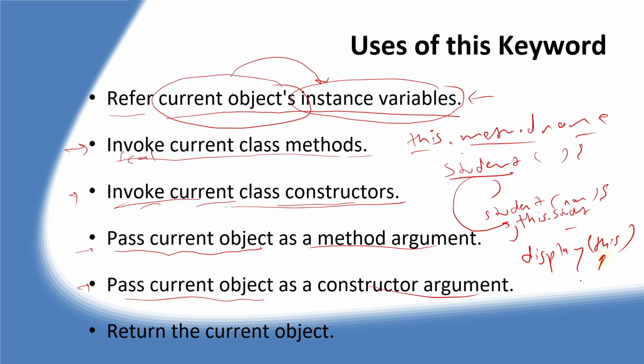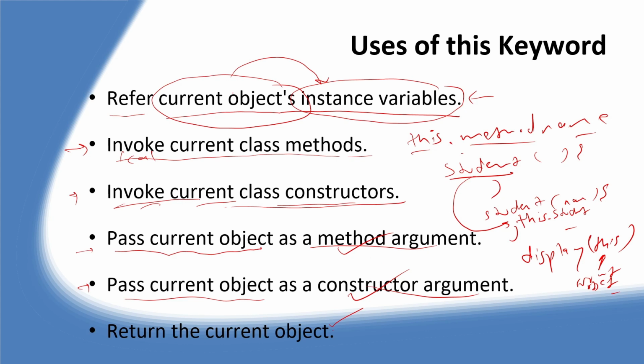So this will refer to the current object. And likewise as we did in the method argument, we can do it in the constructor argument also. So overall, this refers to the current object. Even if you are not getting it, don't worry. We will see examples and have better clarity.